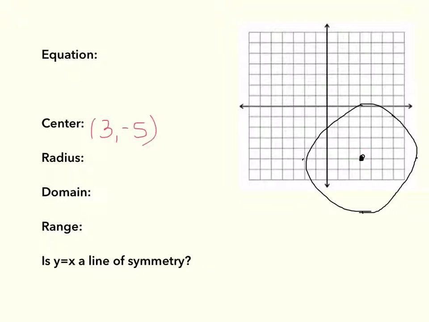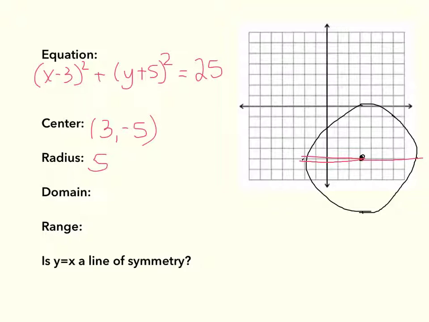And your radius, remember radius is just from the center to the circle, so you could draw your radius anywhere and count how long it is. So 1, 2, 3, 4, 5. So this is 5 units long. So our radius is 5. Now with a center and a radius, now we know our equation, just like we did in that other example. x minus 3 squared plus y plus 5 squared equals 25.